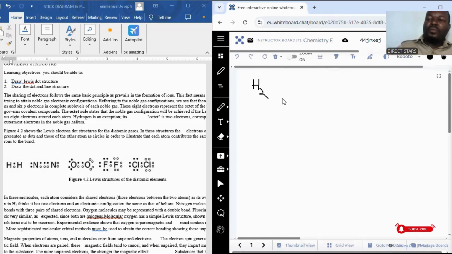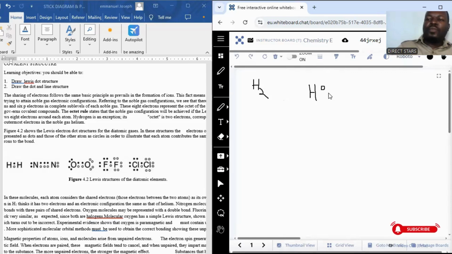Remember, for compounds, molecules to be stable, they must have a complete outer shell of electrons. And that is the reason why bonding even occurs in the first place. So hydrogen, as you all know, has just one outer electron.